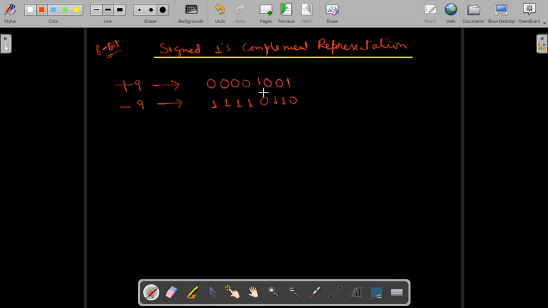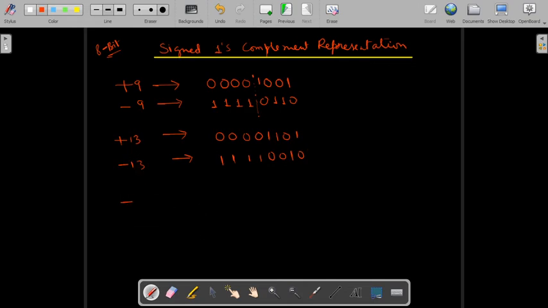Here you have to take care that all higher bits except its magnitude should be 1 in case of negative numbers. Similarly, plus 13 is 00001101, whereas minus 13 is to be represented as 11110010.